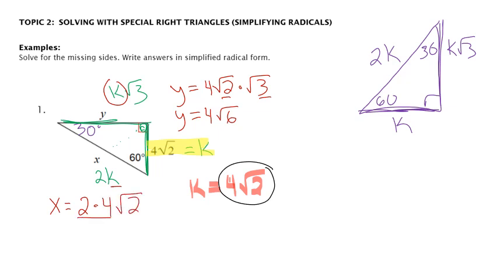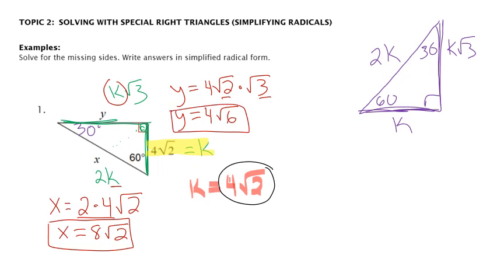So the numbers on the outside multiply. So 8 radical 2. And those would be your two answers. So in this case, we have x is 8 radical 2 and y is 4 radical 6. And those would be the two sides of this right triangle. And then I don't have to solve the third one. I already knew what it was.